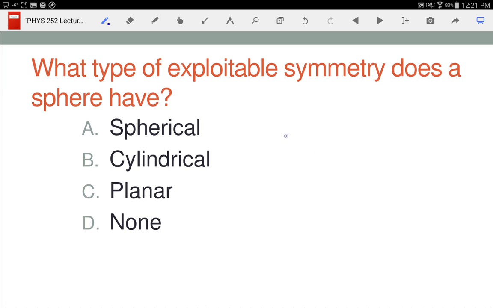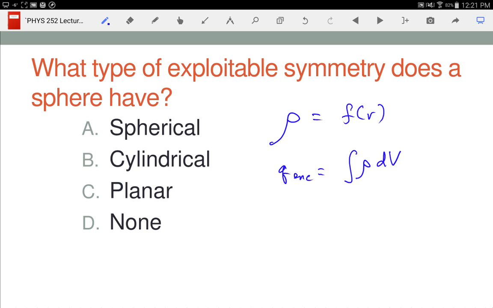You have a problem that says you have a charge density, some function of radius, and it asks how much charge is enclosed in a sphere. How do you find the charge enclosed? We need to integrate the charge density times dV.